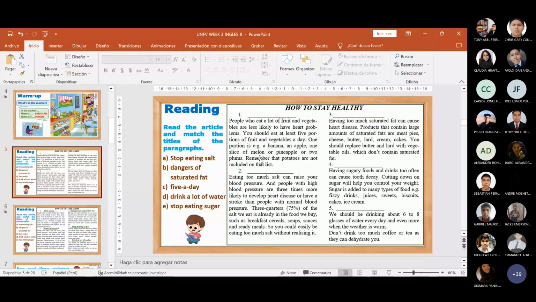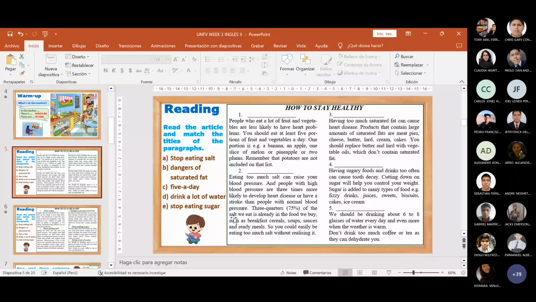Remember that potatoes are not included on that list. Eating too much salt can raise your blood pressure, and people with high blood pressure are 3 times more likely to develop heart disease or have a stroke than people with normal blood pressure.